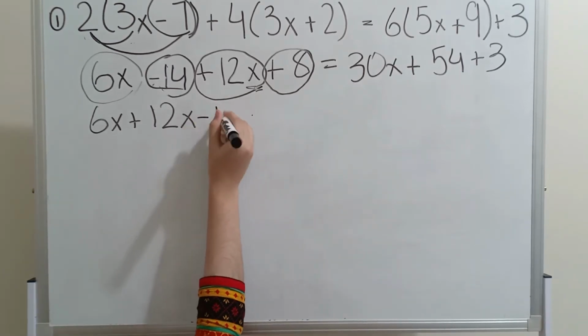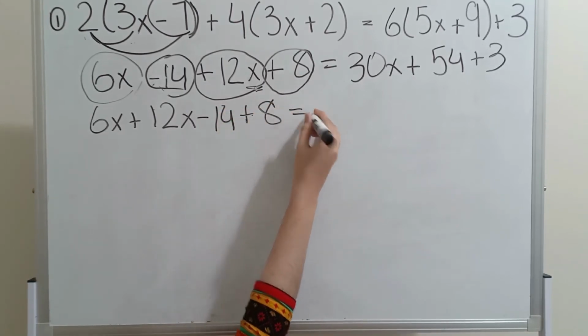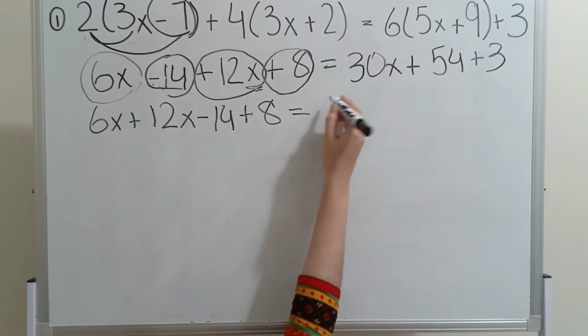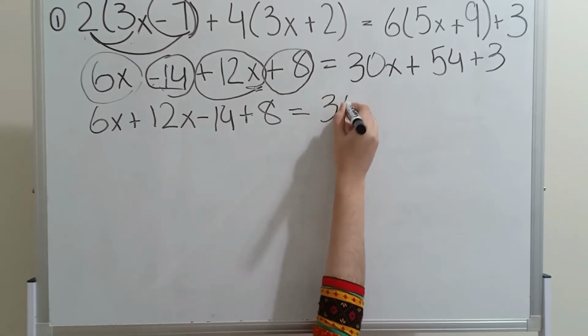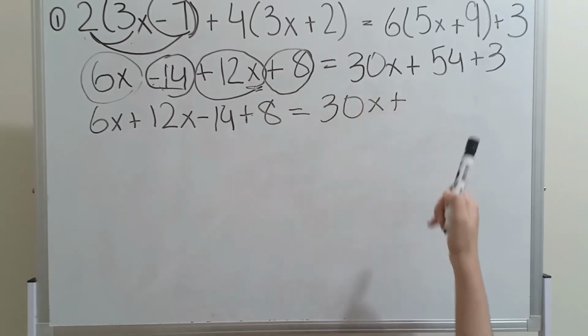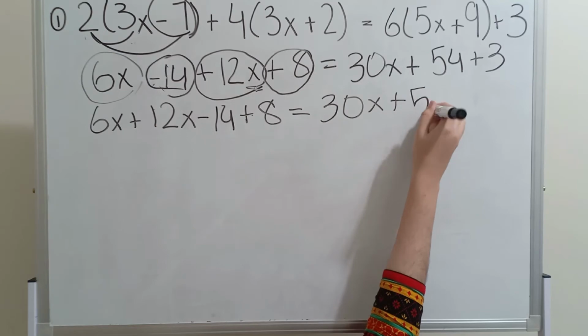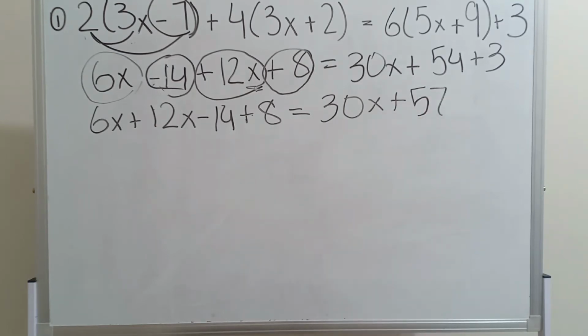Negative 14 plus 8 equals 30x plus, now easily we can add these two, so 54 plus 3 is 57. So it's the like terms that are written right next to each other. So now 6x plus 12x is going to be 18x.